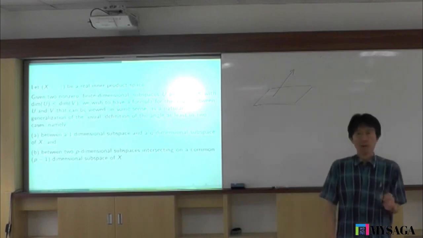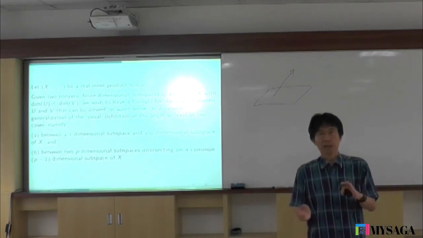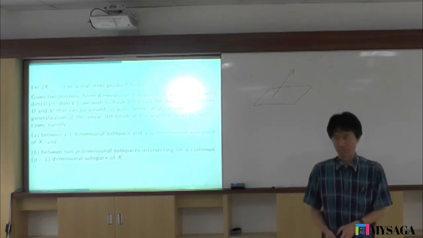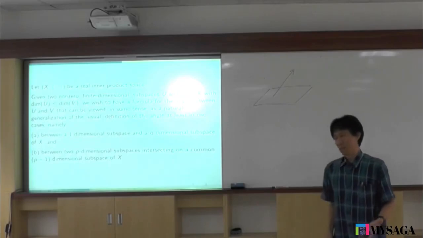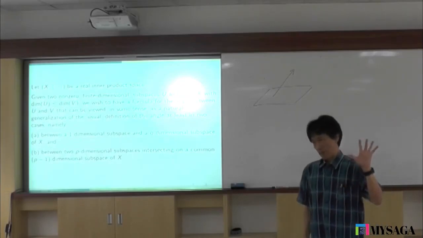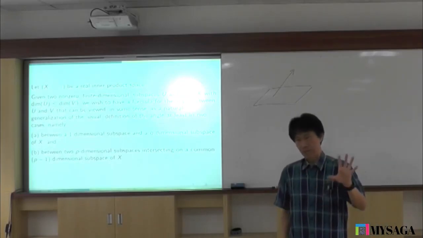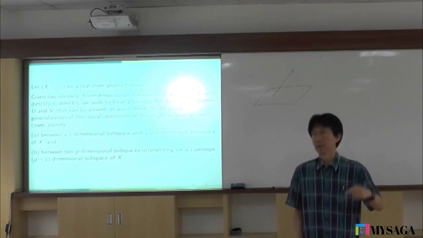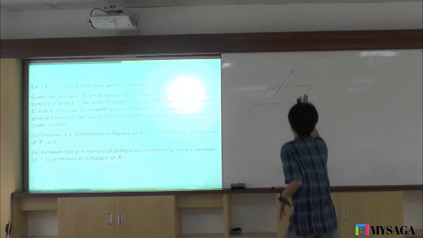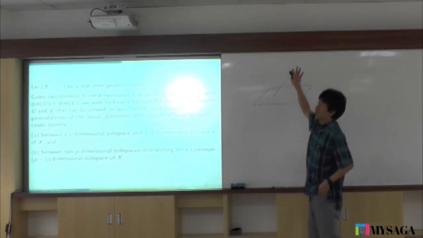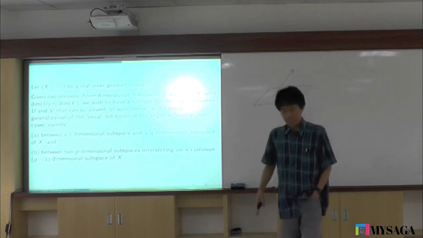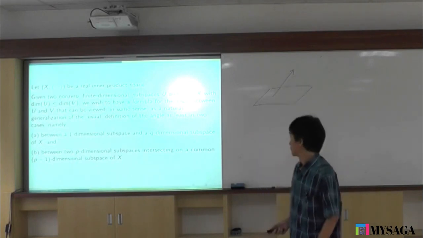So we don't say the angle between V and U, but between U and V. You cannot reverse this. You don't talk about the angle of a subspace which has larger dimension than the other. The order is always from the one with smaller dimension to the larger dimension.